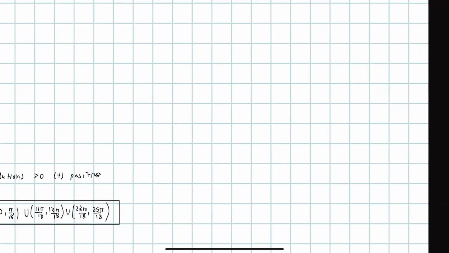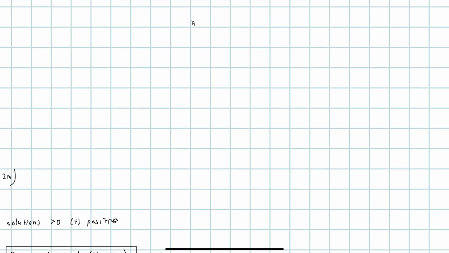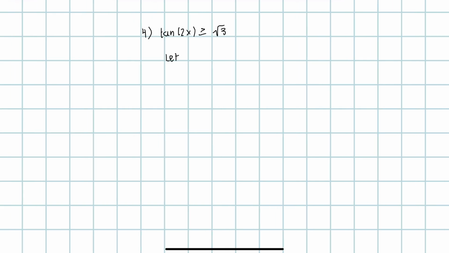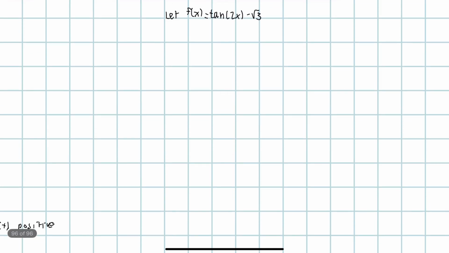Now let's move on to our next problem. This is going to be problem 4. So for question 4, we have tangent of 2x is greater than or equal to the square root of 3. So now we're going to just let f of x equal tangent of 2x minus the square root of 3. Now, this is a note for the equation, and also where it is undefined.